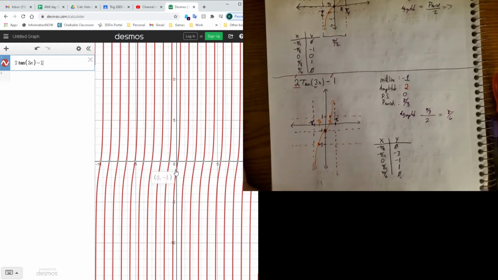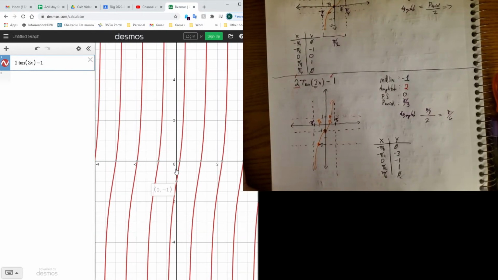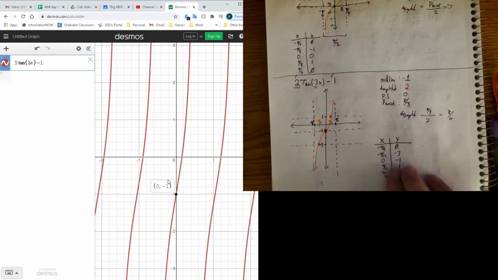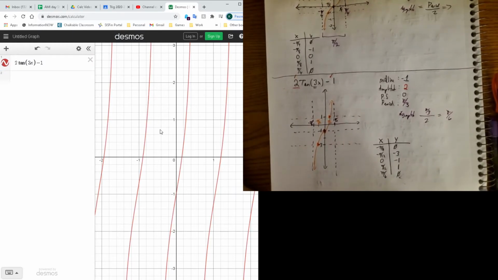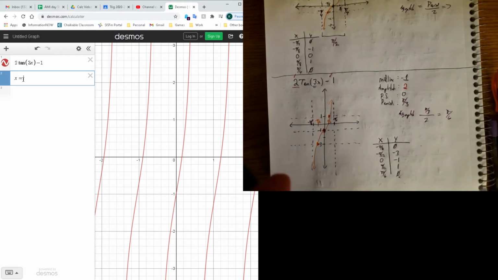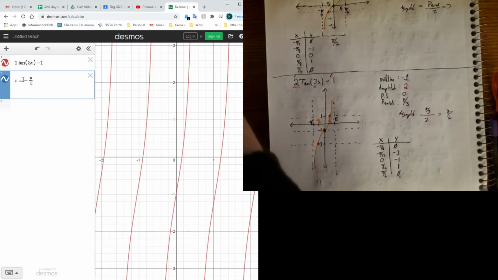So let's point out the easy one to find. Let's zoom in here a little bit. At 0, negative 1, which matches perfectly with my midpoint, I can see I clearly have an asymptote here to the left of it and here to the right of it, but let's verify what that is. My left-hand asymptote is at negative pi over 12.